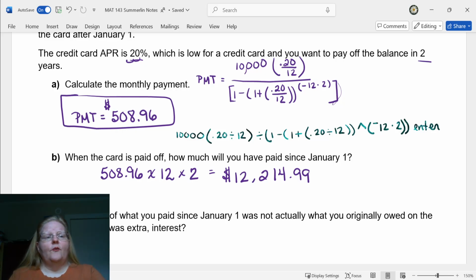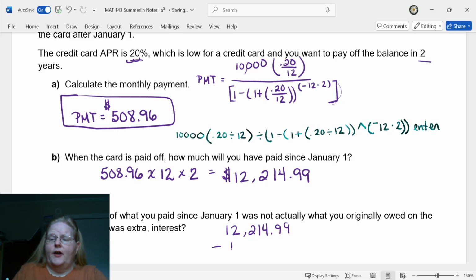Then they want to know how much you paid that wasn't actually owed. What was the interest? So you have to take the $12,214.99 and subtract what you did owe, which was the $10,000.